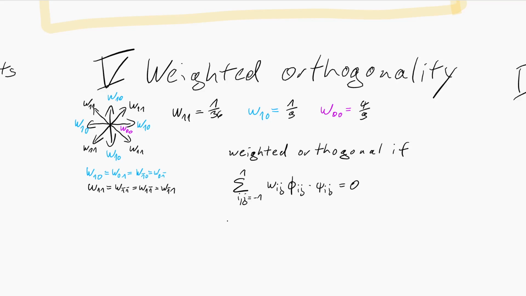So remember that in global equilibrium, not all of the lattice directions come with the same weight, but they have different weights, and these are the weights that are also used in the BGK method. So for example, the ones that go into the diagonal have a weight of 1 over 36. The ones that go in the cardinal direction have a weight of 1 over 9, and the one that is resting has a weight of 4 over 9.